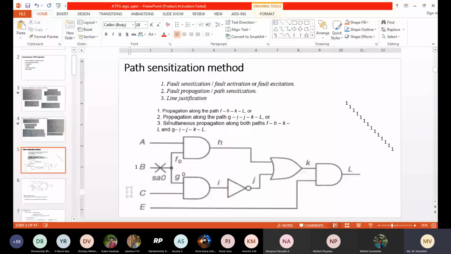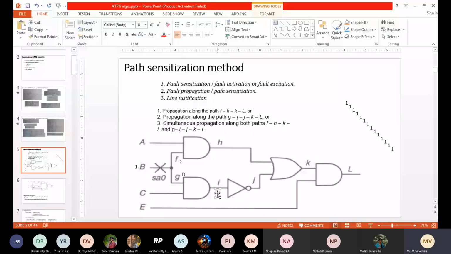Second path GIJKL. Fault is here. I need to activate it. So I made that 1. Now because it is 1, both the fan nodes will be having D and D. Now my aim is to propagate through GIJKL. So let me concentrate only on this path. So from G, this D has to come here.